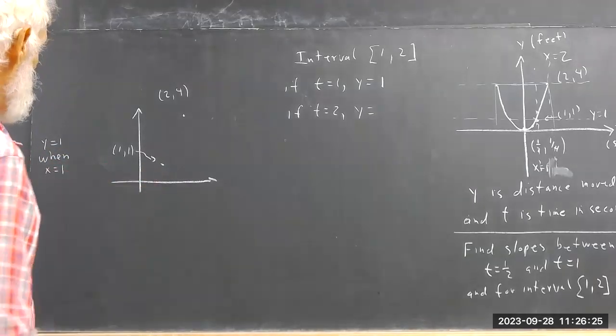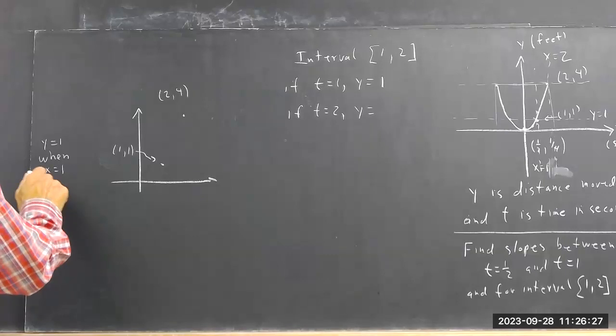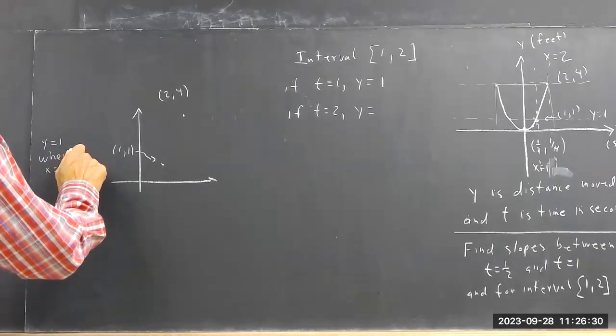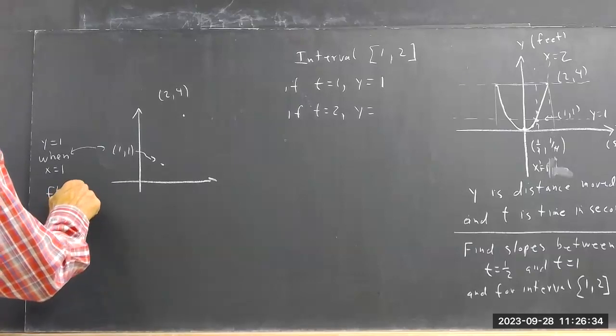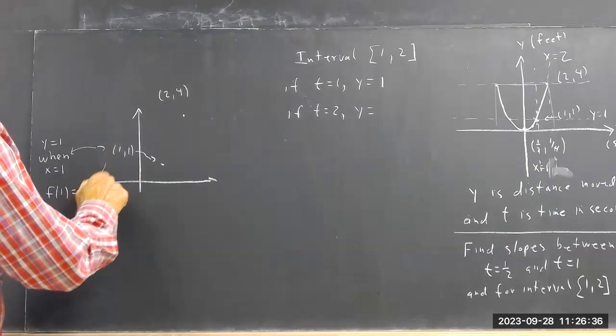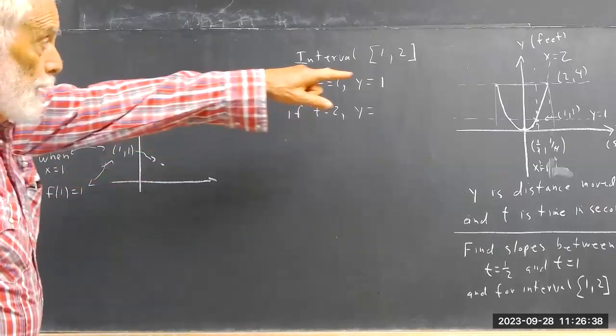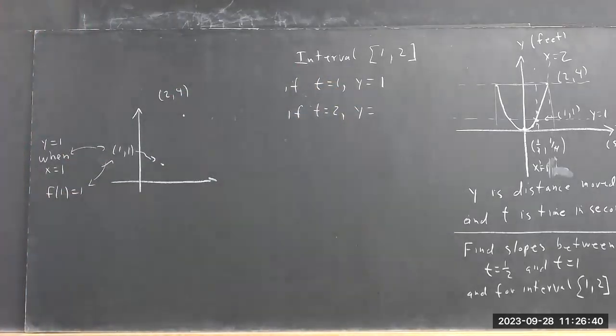If these points are on the graph, this tells us that f of 1 equals 1, if you call this function y equals f of x.